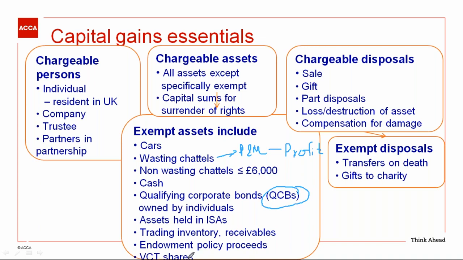Then there's another way an individual can invest in unquoted shares. We call them venture capital trust. So if you have bought shares from a venture capital trust, if you sell them, then the gain will be exempt from CGT. And then there is something called endowment mortgages, endowment policy proceeds. They are also exempt from CGT.